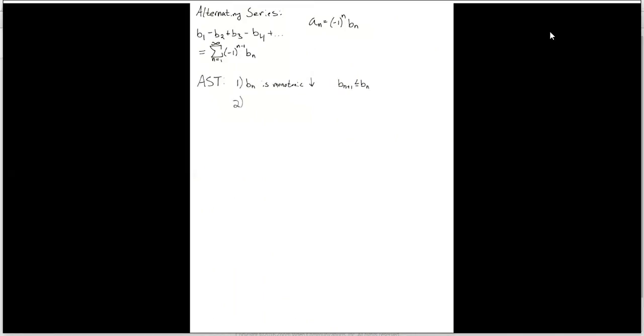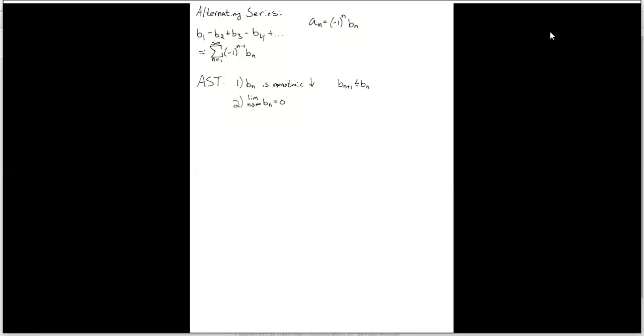The second requirement is that the limit as n approaches infinity of bn is 0, right? So with only these two requirements, we can guarantee that an alternating series converges. So this is pretty nice.